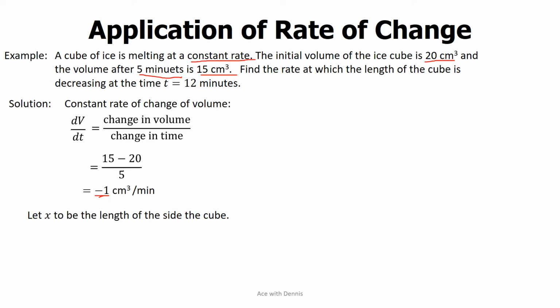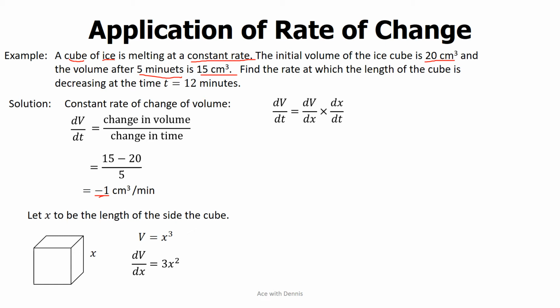Now this is a cube. The shape of the ice is a cube, so we let x be the length of the side of the cube. Now look at this diagram. This is x. The volume will be x cubed, hence dV over dx will be 3x squared.